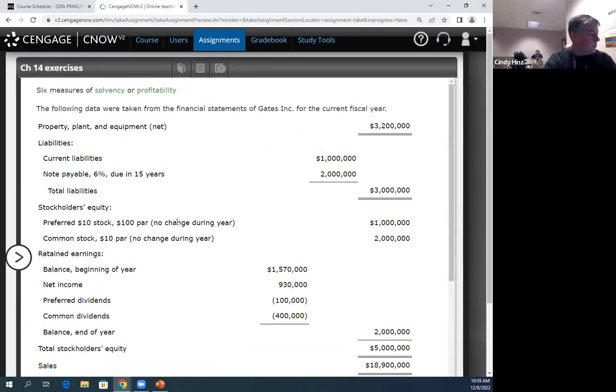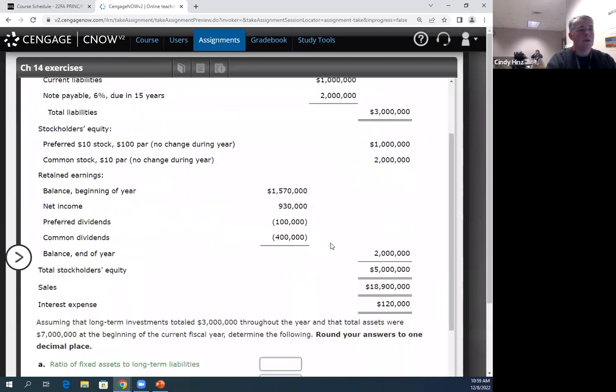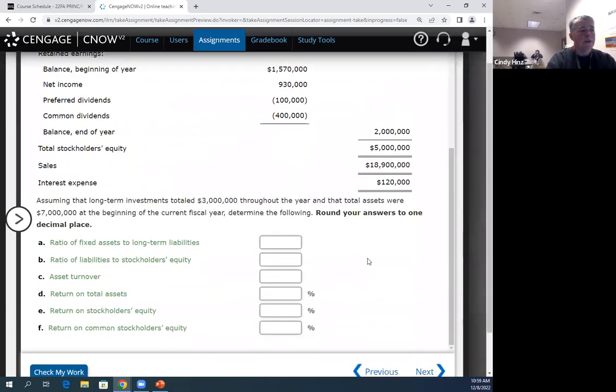Moving on then to exercise 9, 6 measures of solvency or profitability. I'm going back to the PowerPoint to talk about some of these.